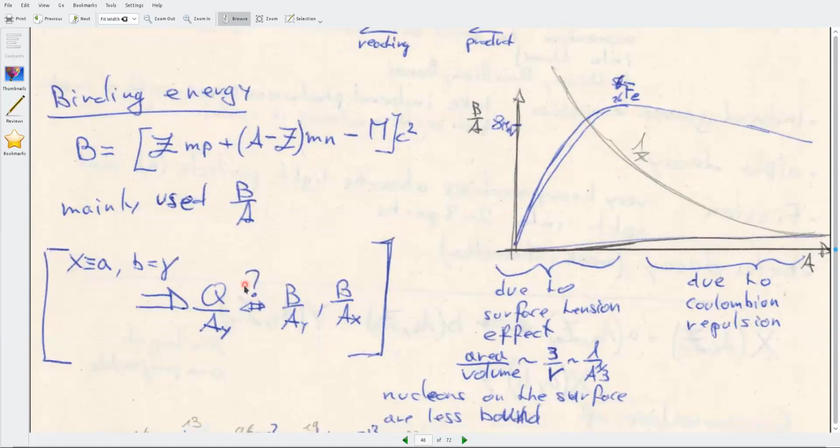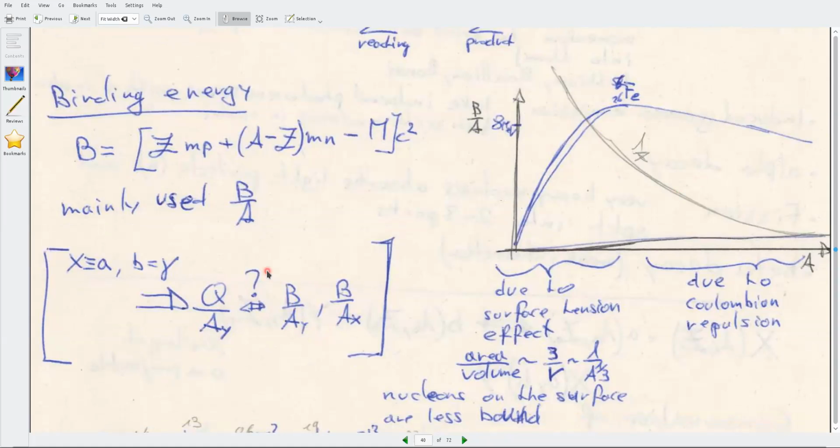It is nice to see, in fact, that there is a relation between the Q value divided by the mass number and the binding energy divided by the mass number in the case of a simple fusion.